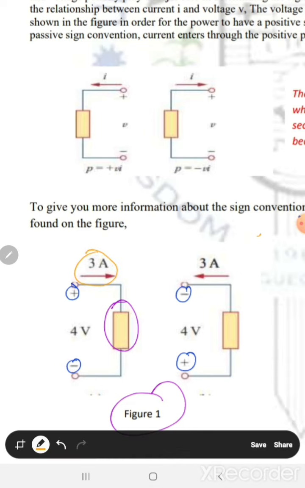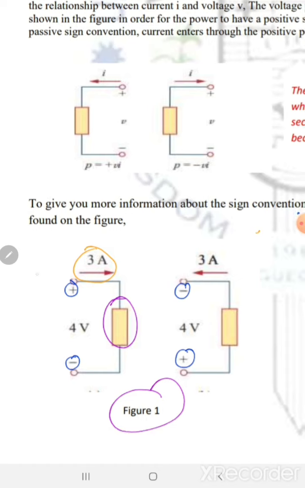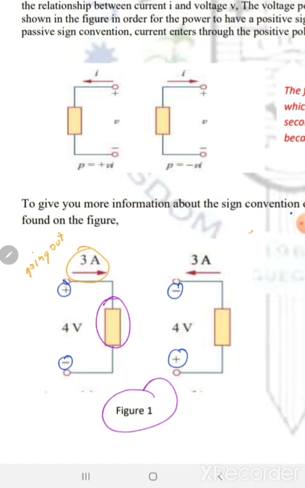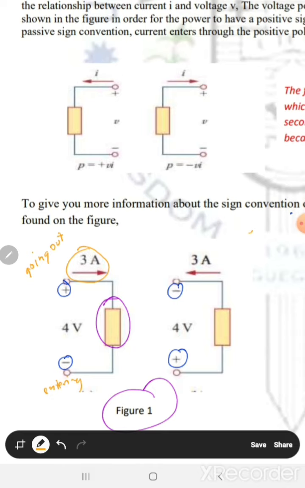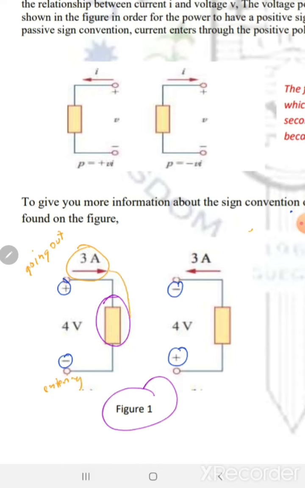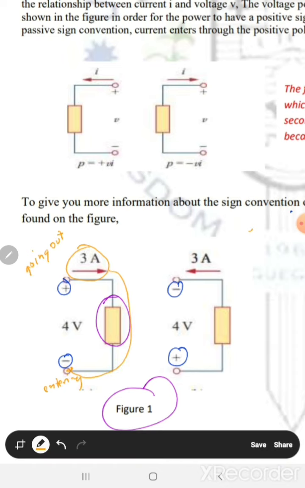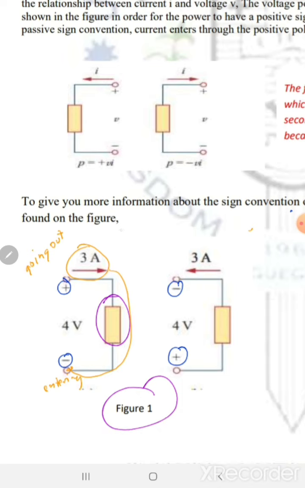Your direction of your current, is it going out the negative or the positive? Going out the positive, entering the negative. Which means that if your current enters the negative sign of your 4 volts, you have a value equal to V is equal to negative 4.